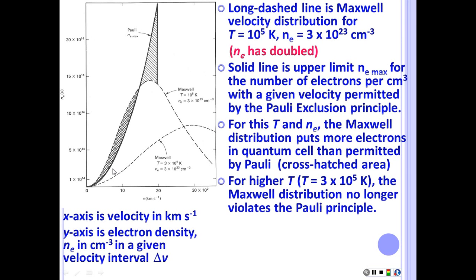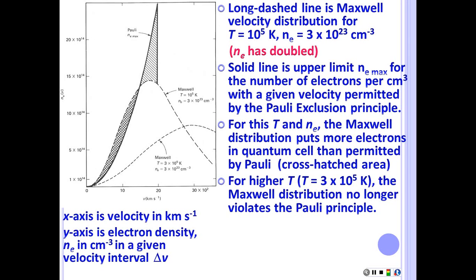But if we increase the temperature, so now we still have this higher density but we've increased the temperature to 300,000, again we are no longer violating that principle. It's because as you go up in temperature, you have more options of different speeds. This is why, when we talked about the AGB phase, low mass stars generate less energy inside, so they have lower temperatures in the core, and so they become degenerate.